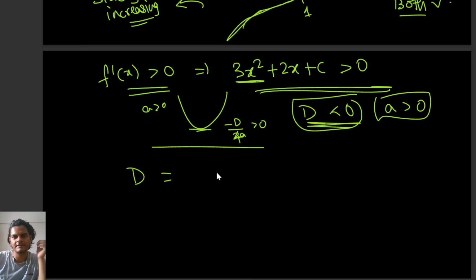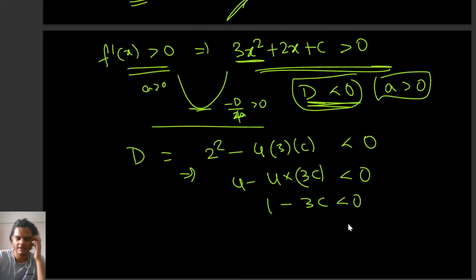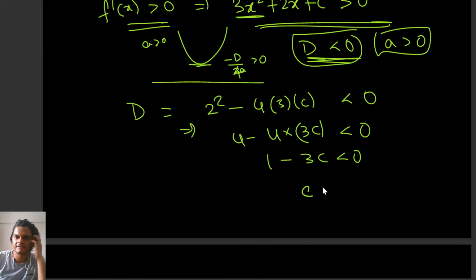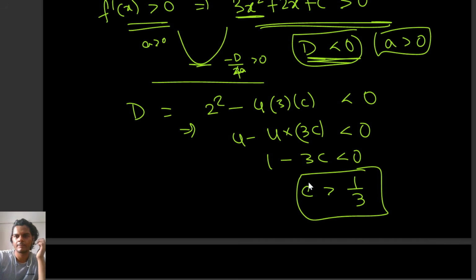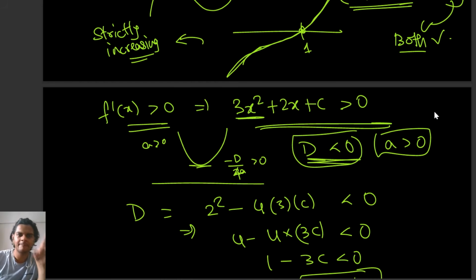So what is D? D is equal to 2 square minus 4 into 3 into c, and this is less than 0. That means 4 minus 4 into 3c is less than 0. So 1 minus 3c is less than 0. In other words, c is greater than 1 by 3. So if c is greater than 1 by 3, it has exactly one root.